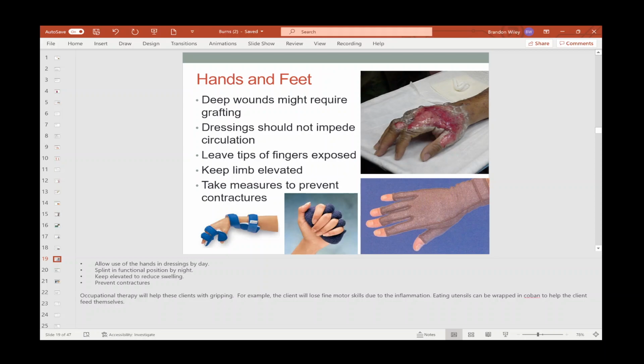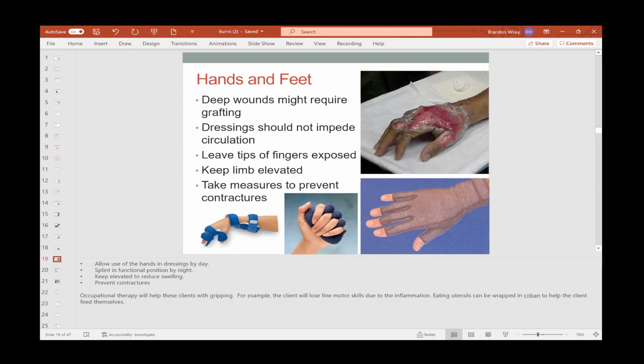So it's important for us to make sure that, first of all, we dress it appropriately. We're not impinging any more circulation. Keep the fingertips open so you can do your capillary refills. Because if your fingertips aren't getting anything, neither is the rest of it. So we want to make sure that we leave those exposed.